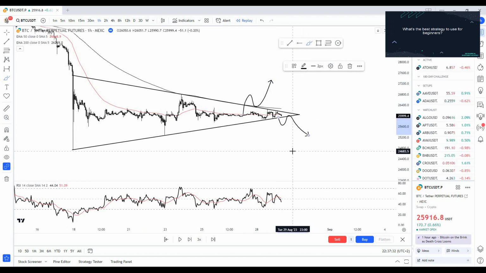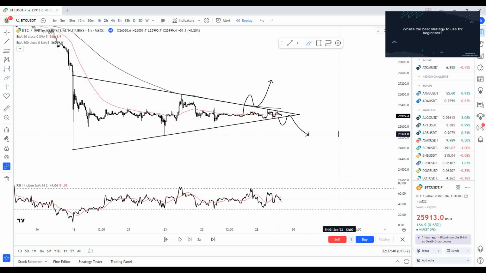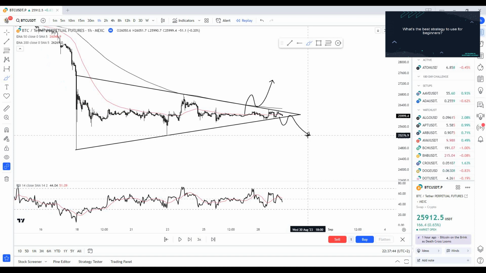This is also the strategy I use for the 180 trade challenge, because it's a strategy that for me works in the long run.